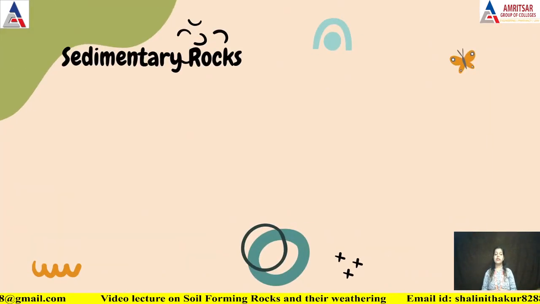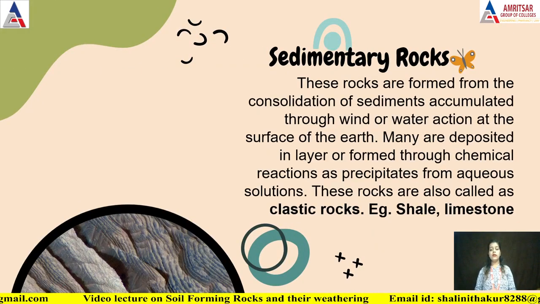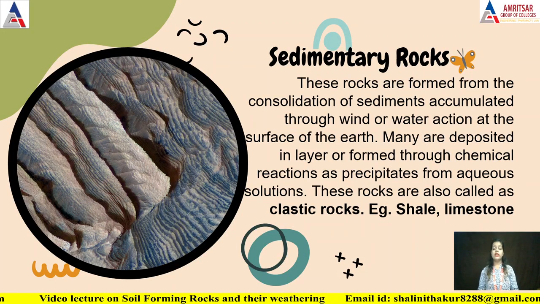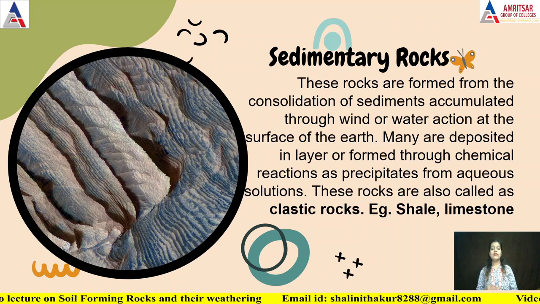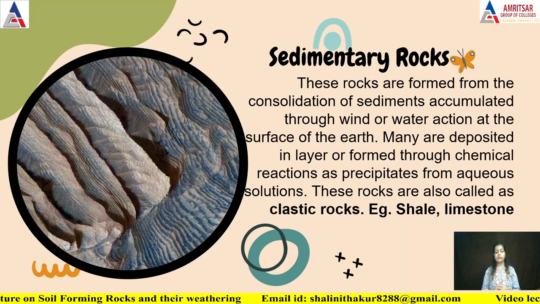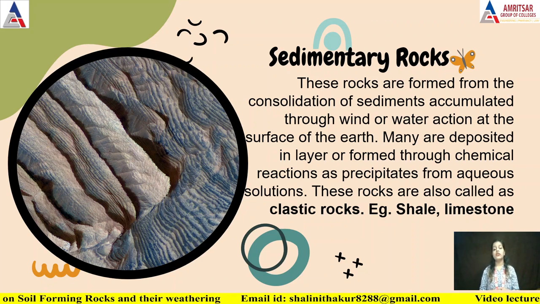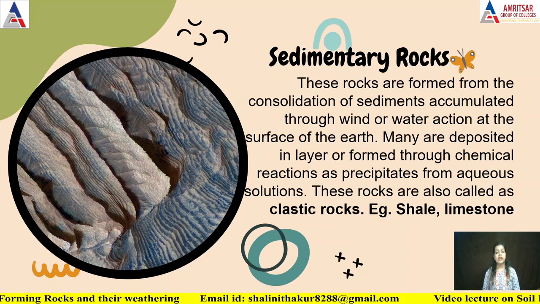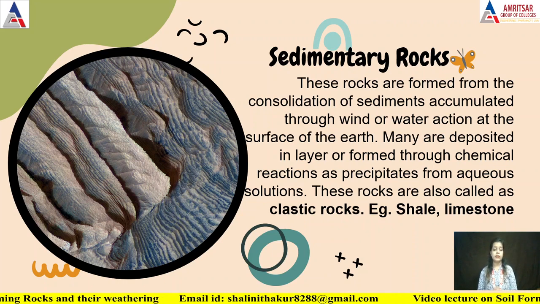Now, secondly, I want to tell you about the sedimentary rocks. As the word already differentiates, it is the formation of sediments on the earth's surface. These are formed after igneous rocks, but the agents involved are wind or water, and due to their action there is a formation of sedimentary rocks.